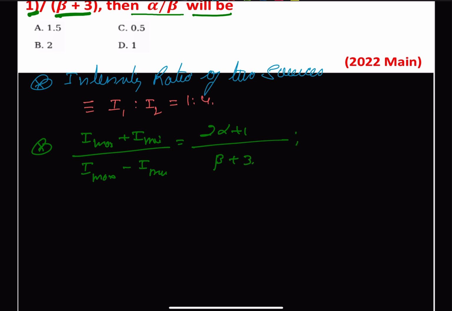But we know that our I max is equal to square root of I1 plus square root of I2 whole square, and our I min is equal to square root of I1 minus square root of I2 and its whole square.